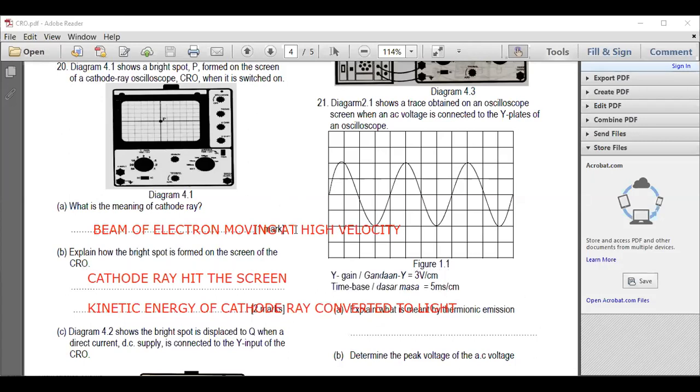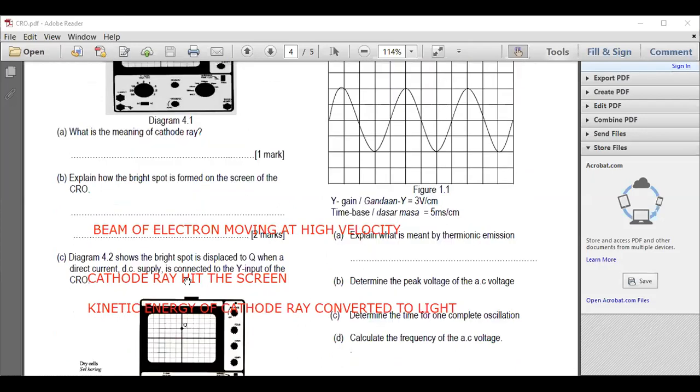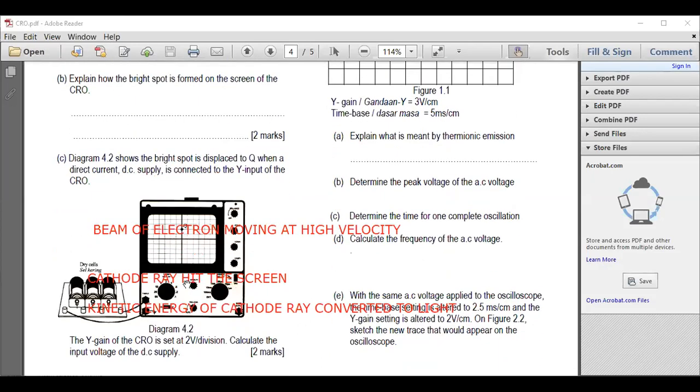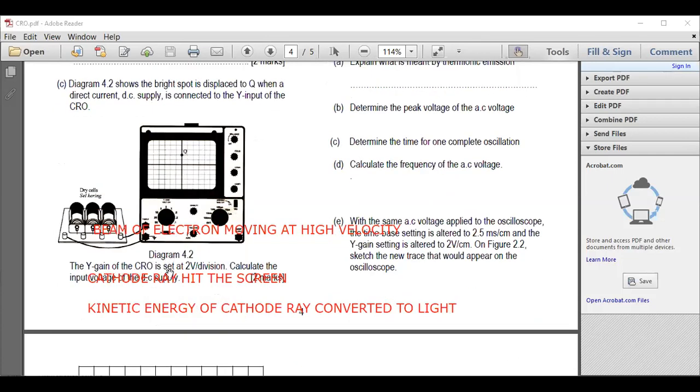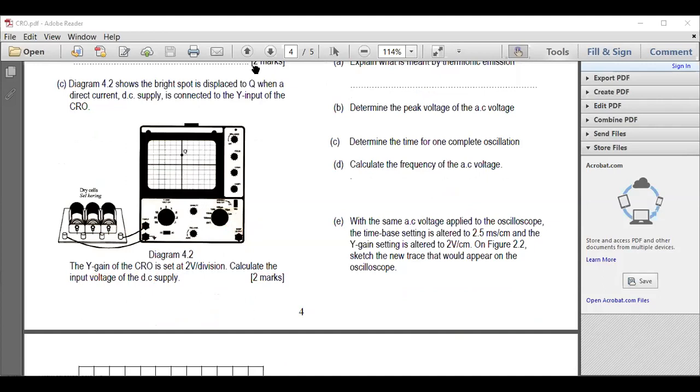Next, diagram 4.2 shows the bright spot is displaced to Q when a direct current is supplied connected to the Y input of the CRO. So the Y gain of the CRO is set at 2 volt per division. So calculate the input voltage. So it's not very simple lah.